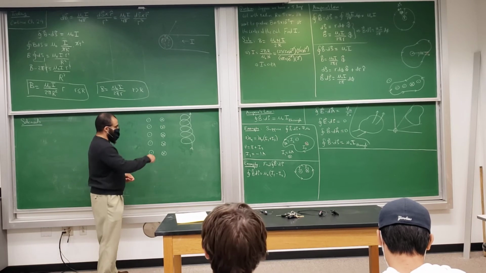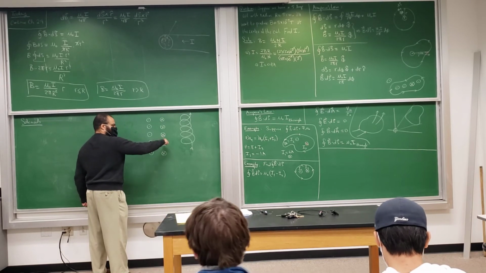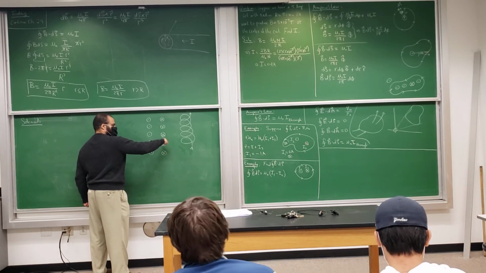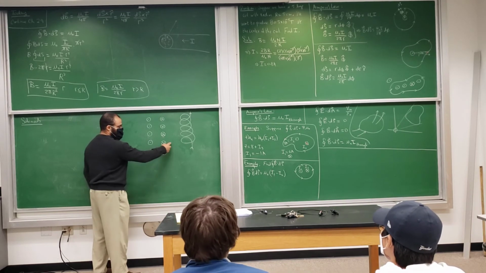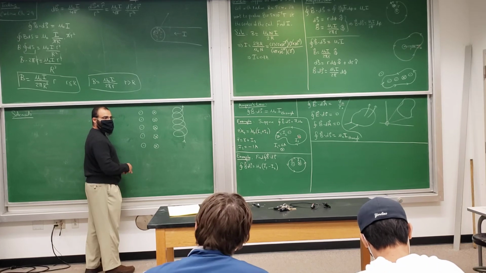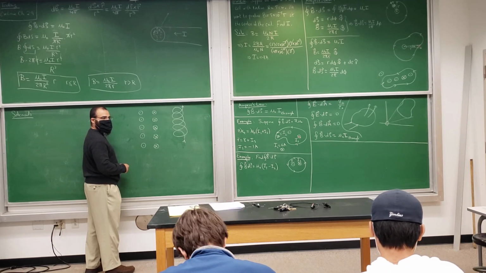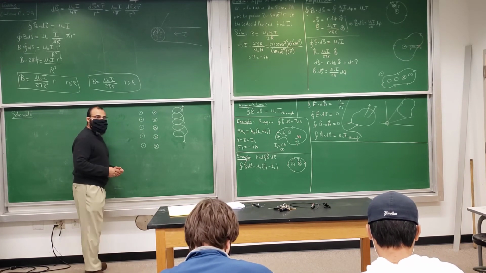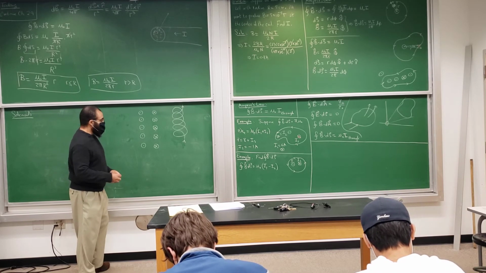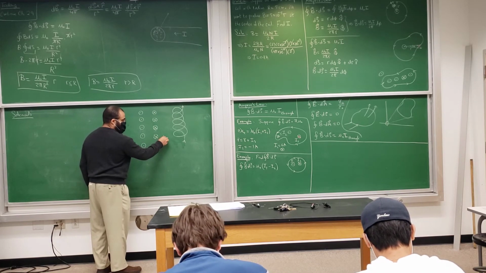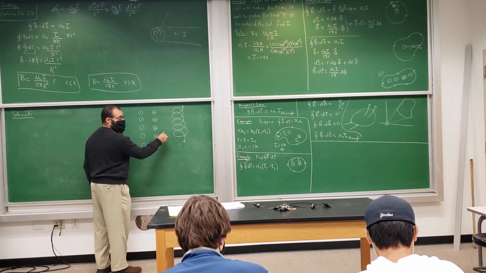Do we agree? So first of all, let's say you're looking at this one here. The current is going in. So what kind of magnetic field will it produce next adjacent to itself? If it were to produce one, they will end up canceling. So the claim is that the magnetic field has to be either this way or this one.